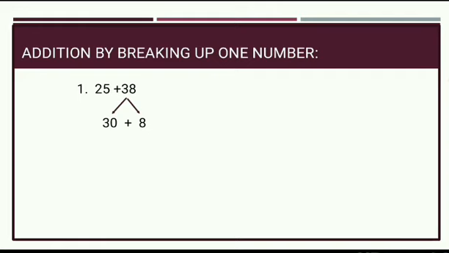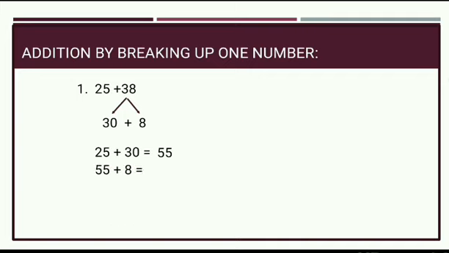Now what I'm going to do is I'm going to add 25 to 30 first. It is easier to add tens, isn't it? So we added 30 first. So when I added 25 and 30, I got my answer as 55. After that, 8 is remaining, isn't it? So to this 55 I am going to add 8.